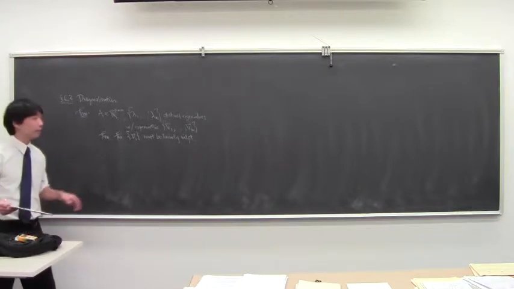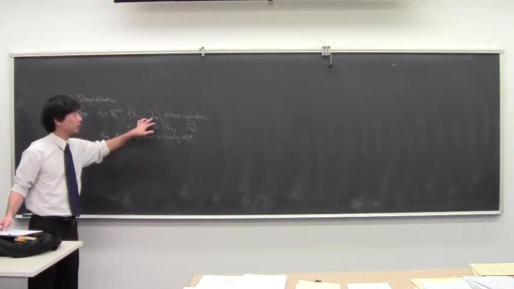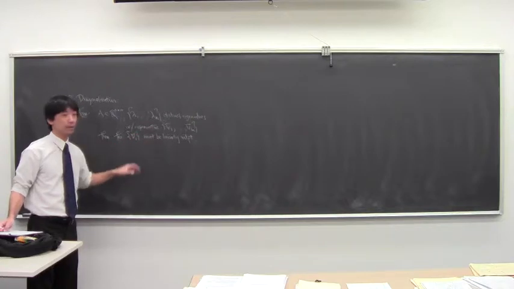Okay. So you have a bunch of eigenvectors corresponding to distinct eigenvalues. Then those guys are linearly independent.